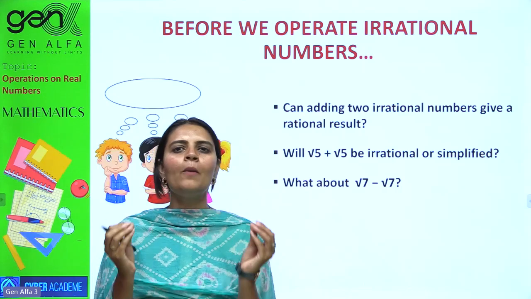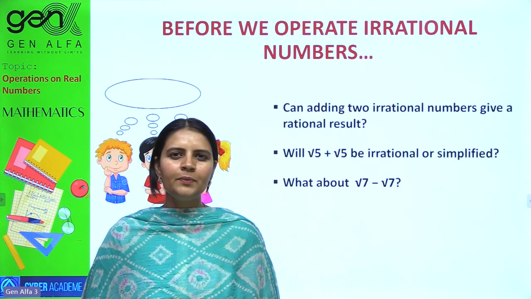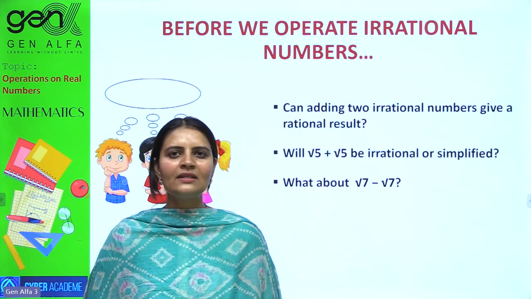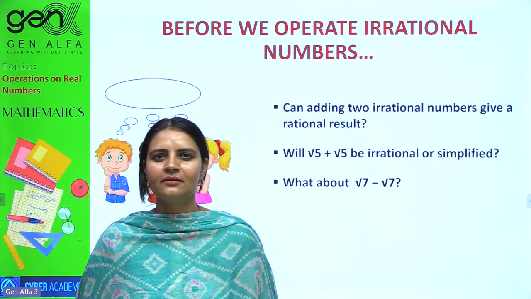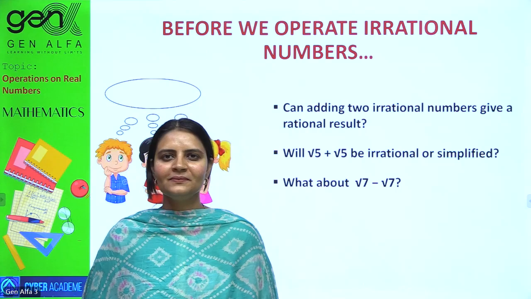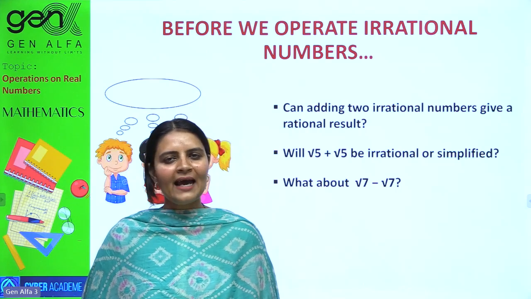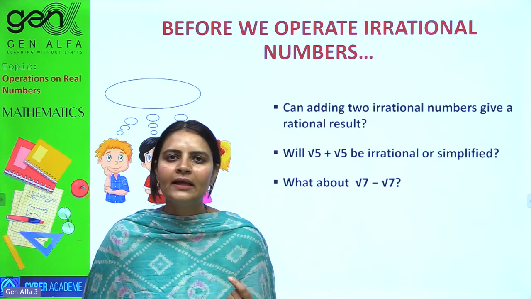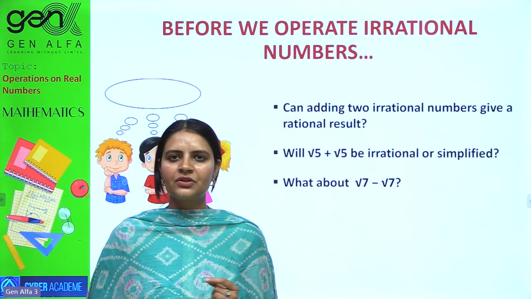Basically, you are adding the opposite of root 7. Will it be rational? Think over it. What are you getting as the answer? 0, and 0 is a rational number. So adding irrational numbers does not always give you irrational results.